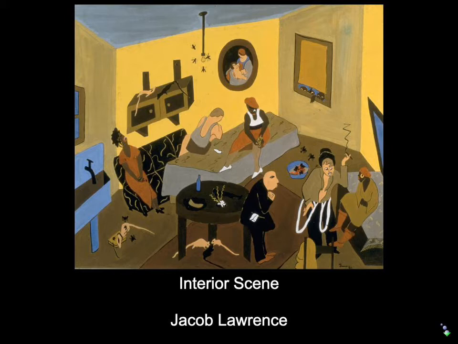So let's begin with the work you're looking at, a painting by Jacob Lawrence. We're going to look at two African American artists here, Jacob Lawrence and Romare Bearden. These are artists who emerged out of what's sometimes called the Harlem Renaissance. It's a movement in the teens and 20s occurring in Harlem.